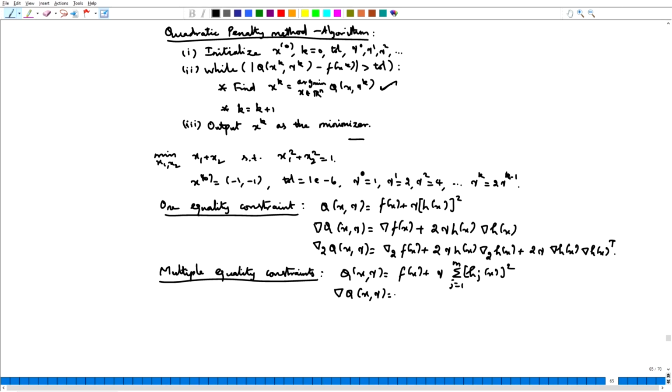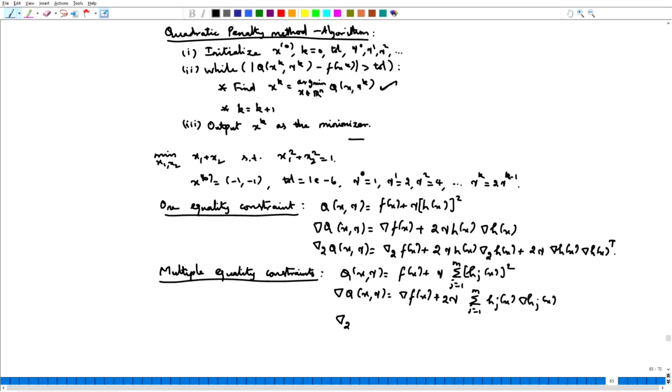Writing the gradient as well as the Hessian is simple. The gradient is del f of x plus 2 gamma into the summation, j equal to 1 to m, of h j of x del h j of x.